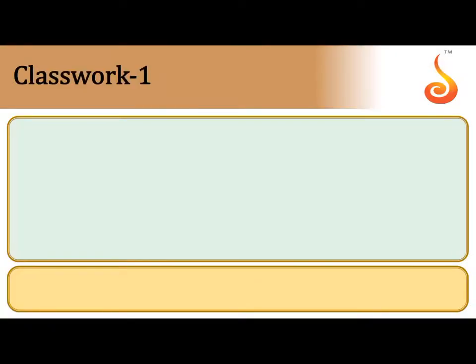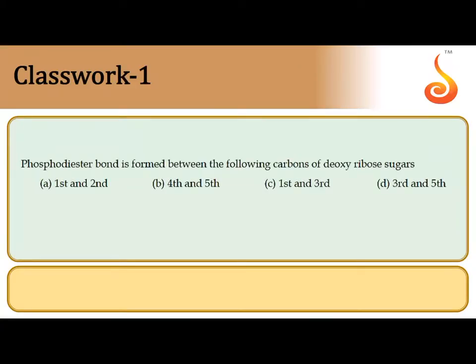Okay, now moving on to the next chapter, that is biomolecules. Phosphodiester bond is always formed between the third carbon of one sugar and the fifth carbon of the next sugar in the polynucleotide chain. So please remember, for example, this is the pentose sugar, this is the fifth carbon.